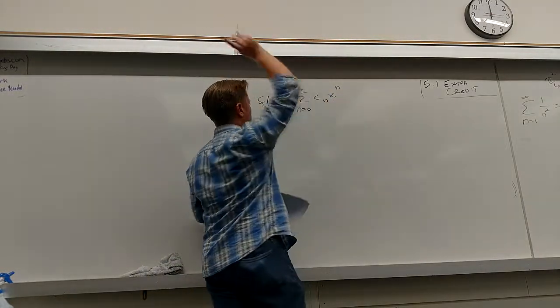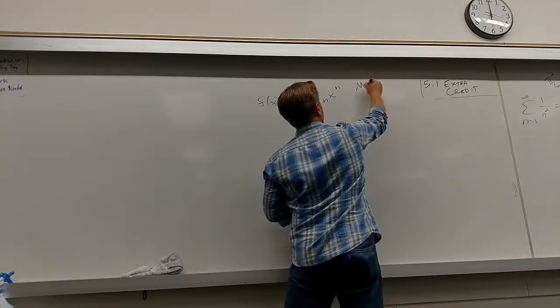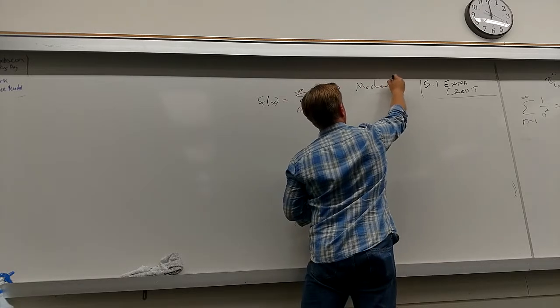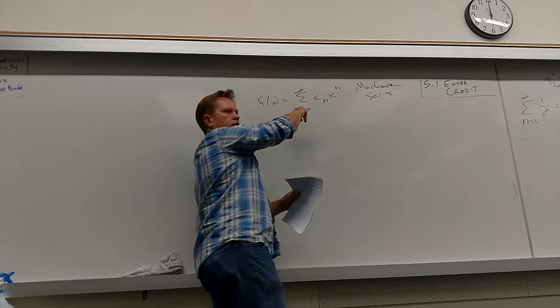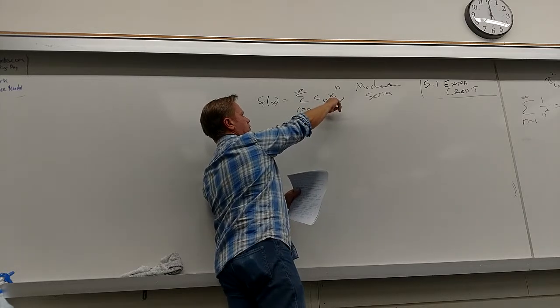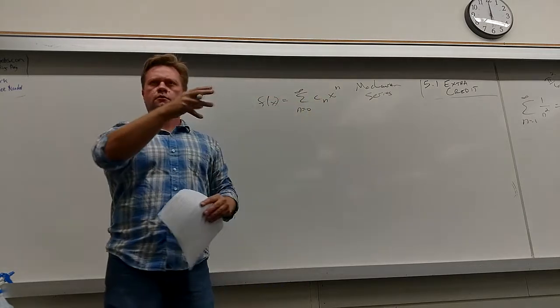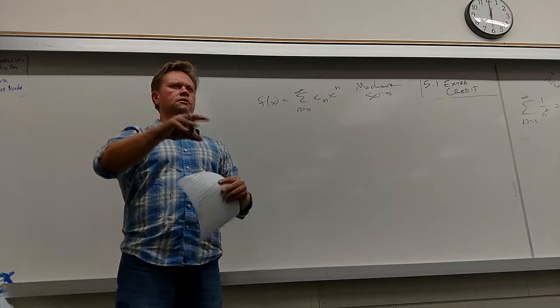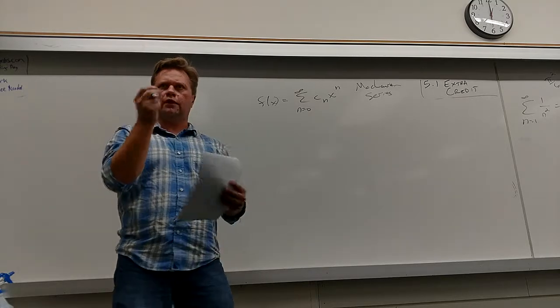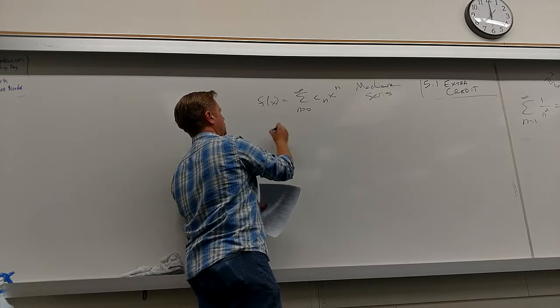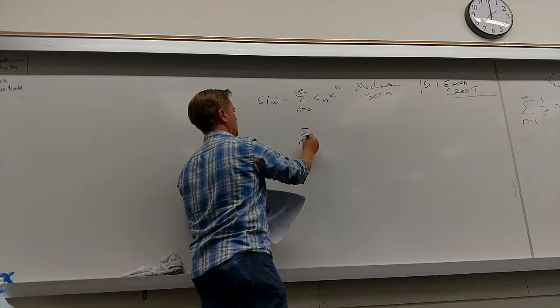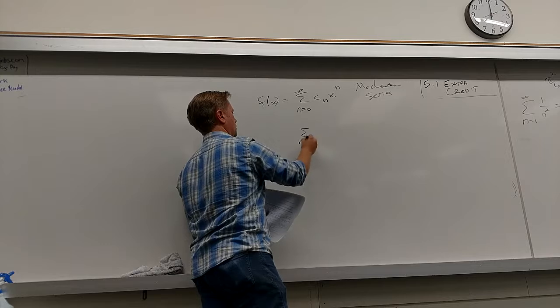This would be, like Darren said, a Maclaurin series, because it's been expanded around x minus 0. So it works best near 0. It works perfectly at 0.